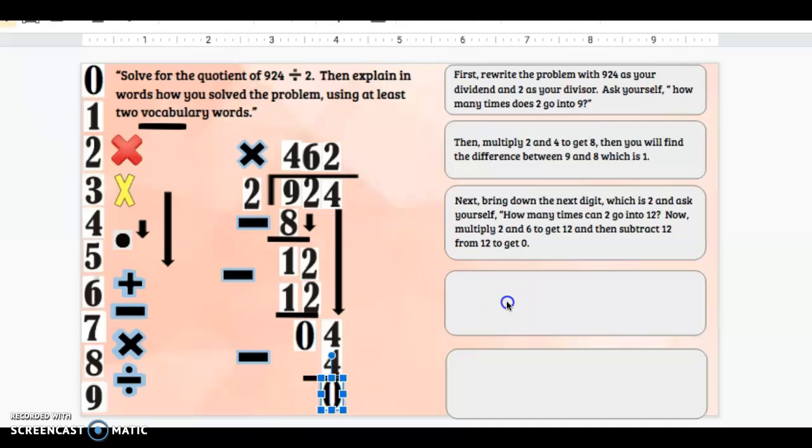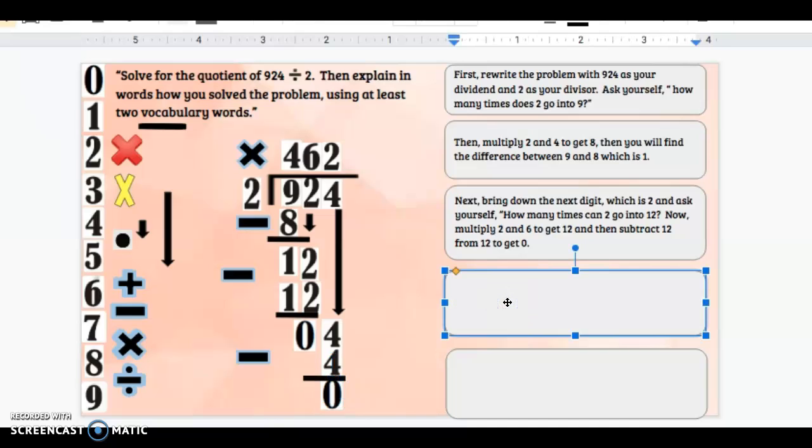And now we have to type our answer in. So we say after bring down the next digit, which is 4, and ask yourself, how many times does 2 go into 4?